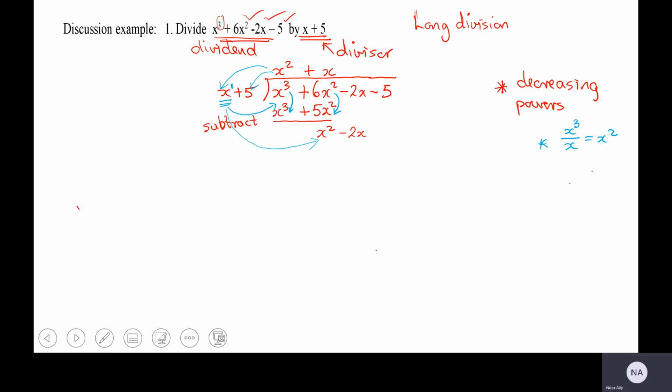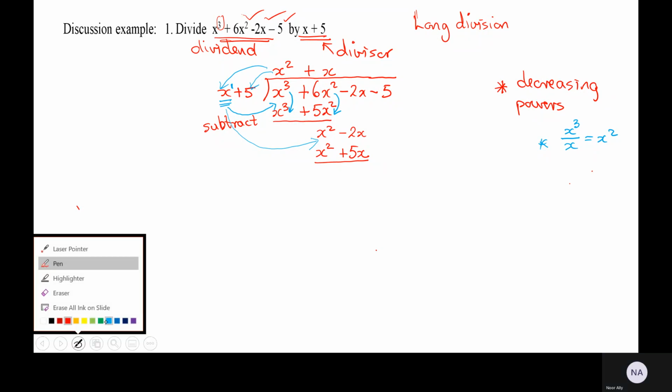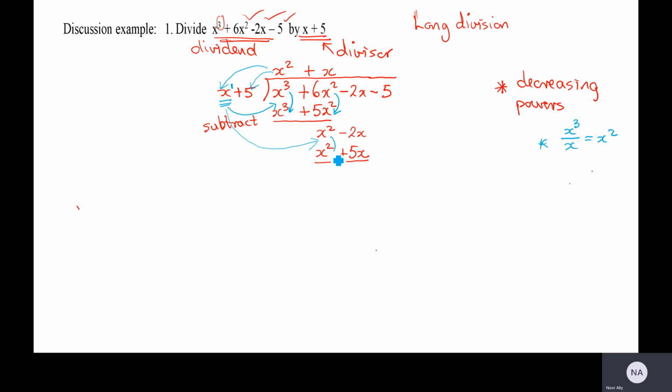Now I'm not going to do any more arrows. What's happening now? x times x gives x squared under the correct like term. x times 5 gives me plus 5x. And then again, subtract. Now watch your signs. x squared minus x squared gives me 0.